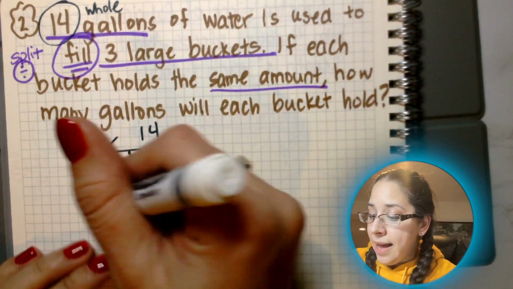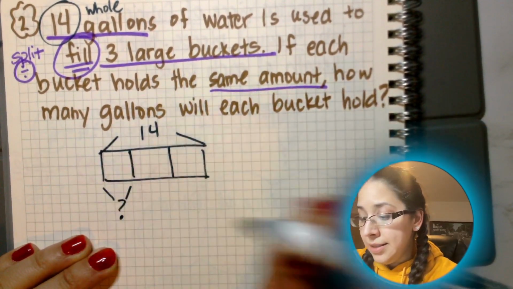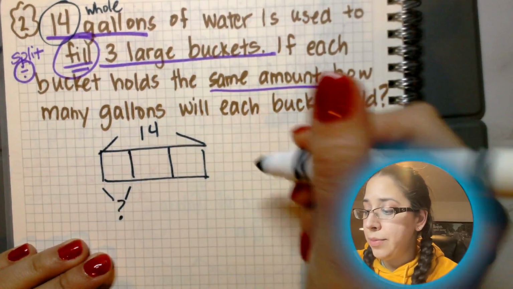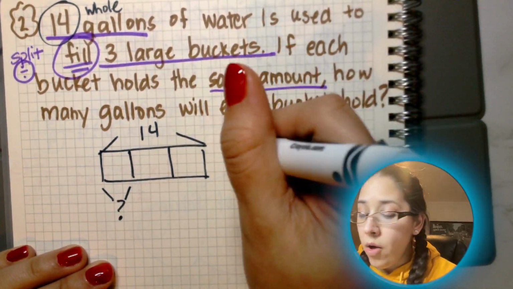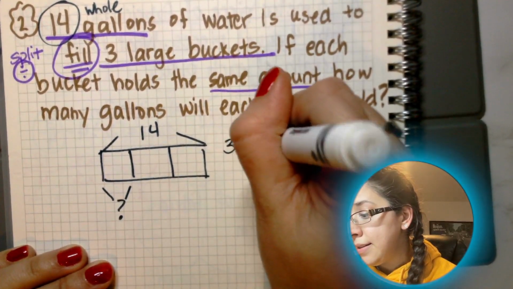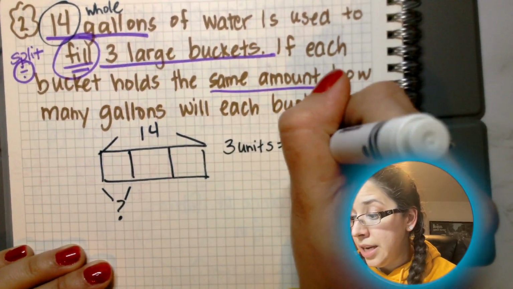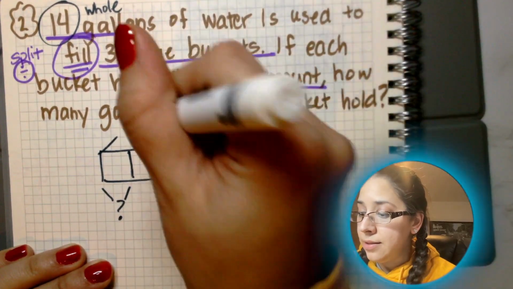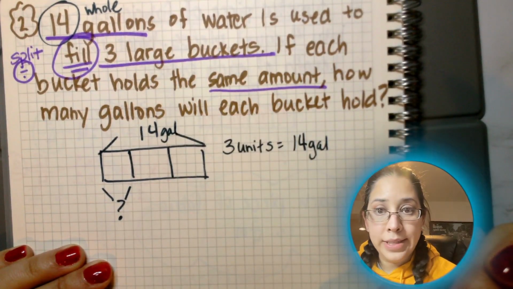So if I take that and I'm trying to really just figure out this one, I'm going to do the same thing I just did before. So if I have all 3 units, that equals 14 gallons. That's the abbreviation. 14 gallons.